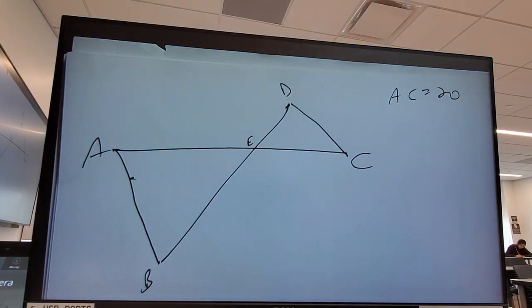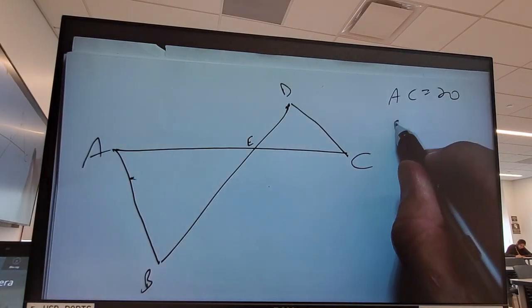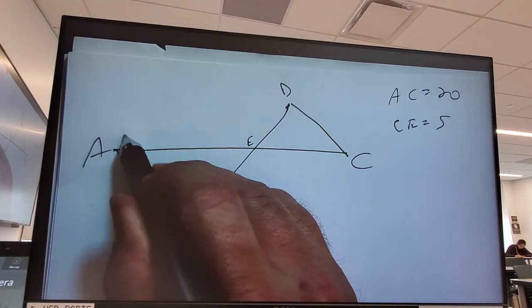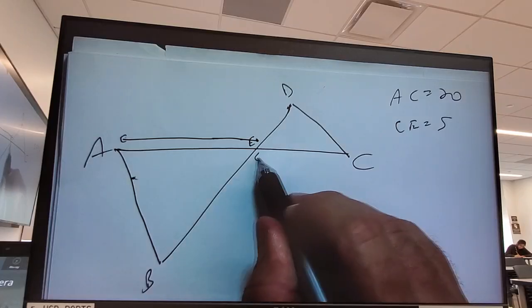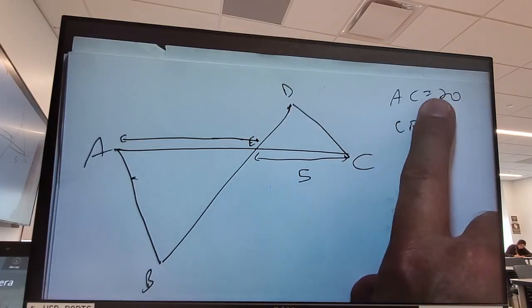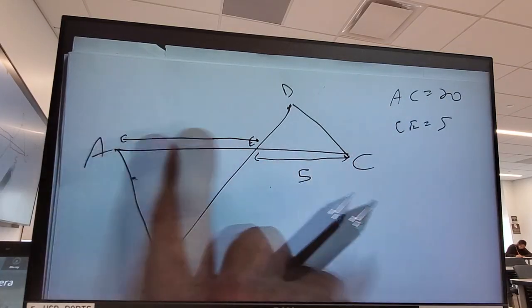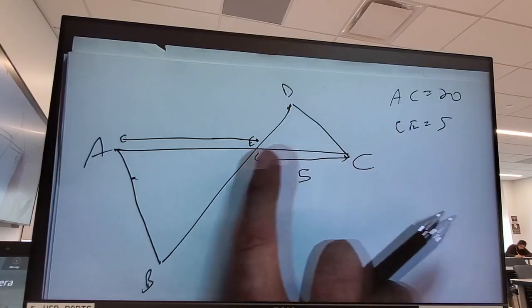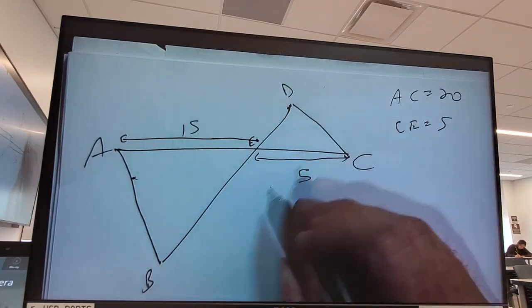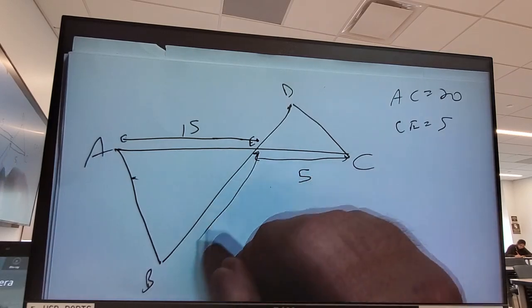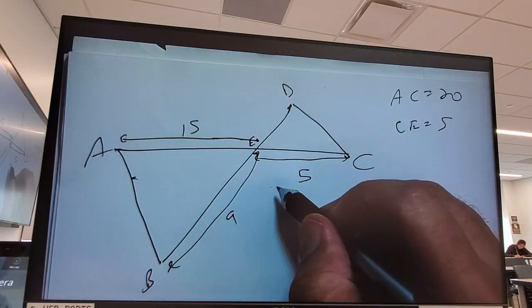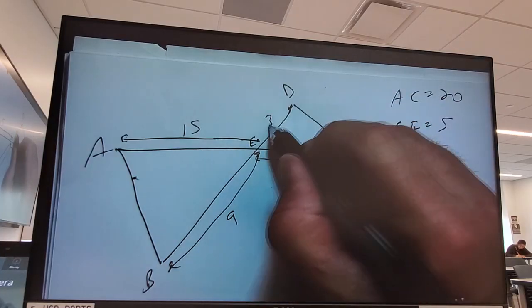Okay, so I tell you that AC is 20, and that's an immediate mistake people made. If AC is 20 and CE is 5, how long is this? AC is 20, so that must be 15. And then I also tell you BE is 9, and DE, I think I say, is 3.